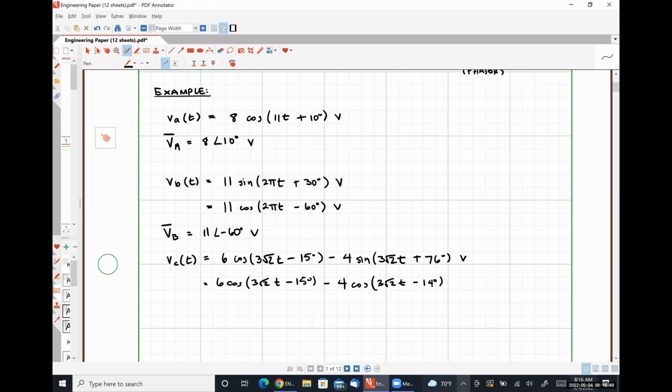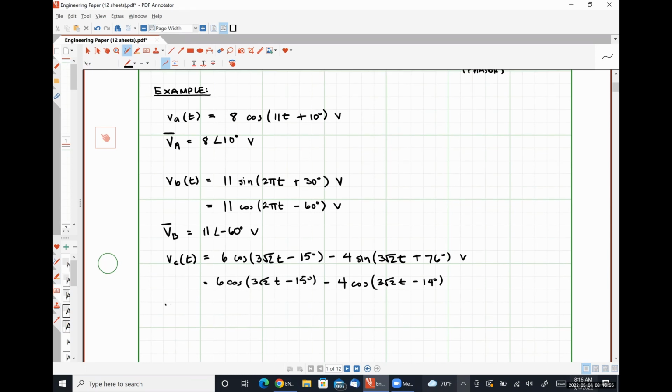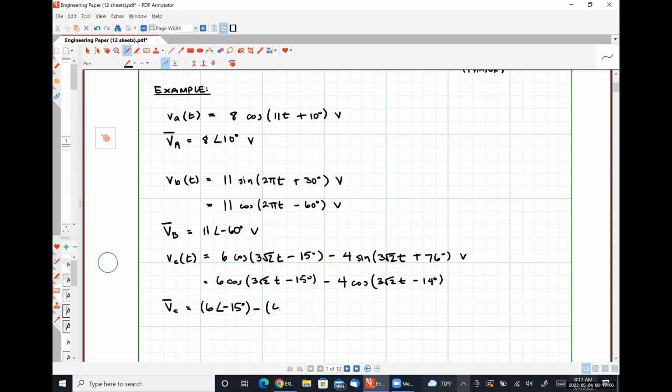So now that they have different phase angles, we can't simply do a direct combination. So I could say now that VC is going to look like 6 angle negative 15 minus 4 angle negative 14. And we can put this in our calculator and express it as a single phasor.